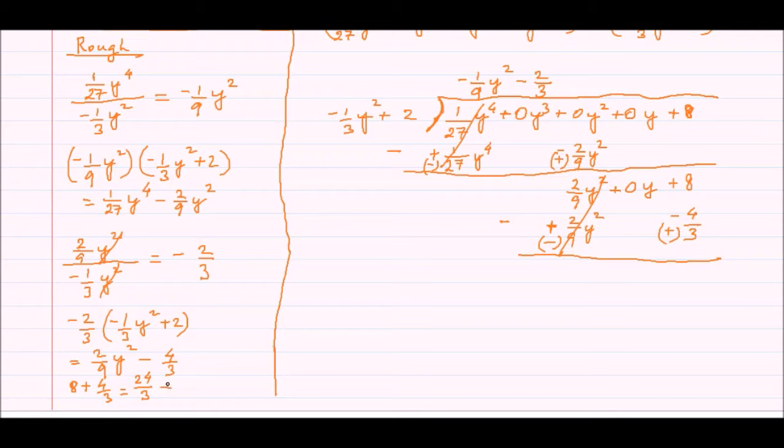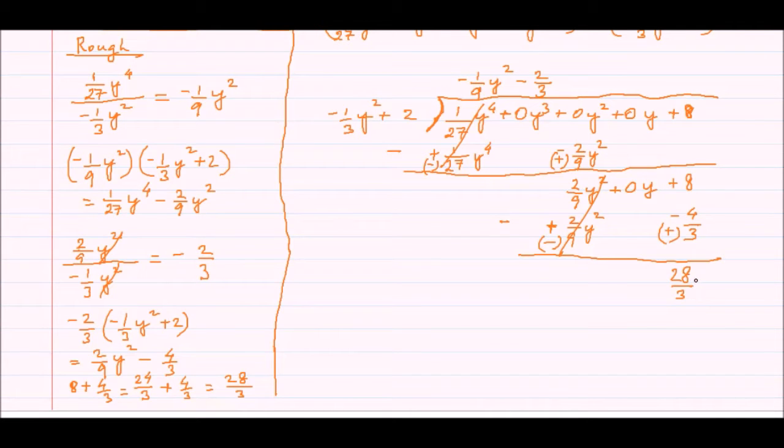So it is basically equal to 24 by 3 plus 4 by 3, which gives us 28 by 3, right? So our result is 28 by 3. This is the result of the subtraction, which is the remainder.